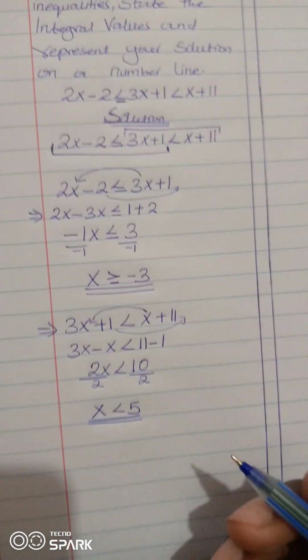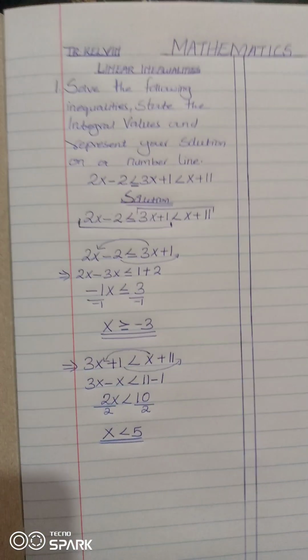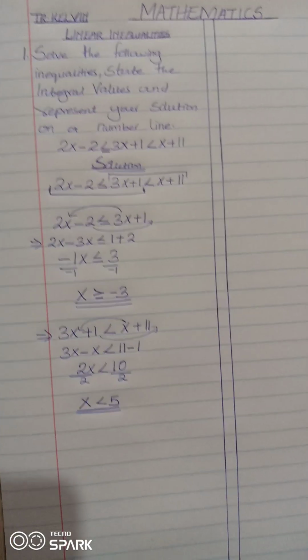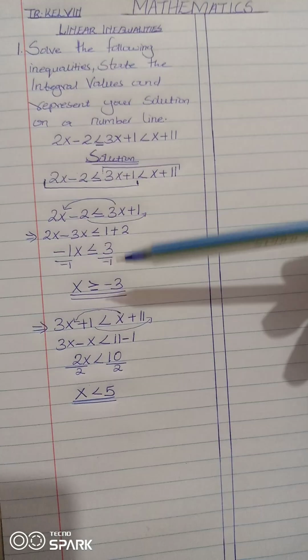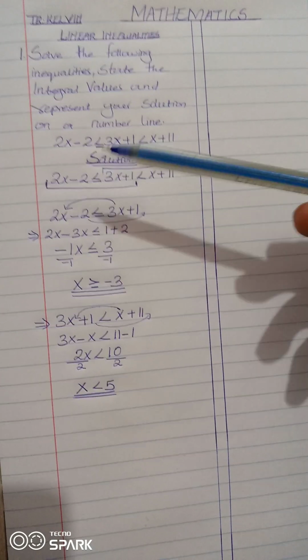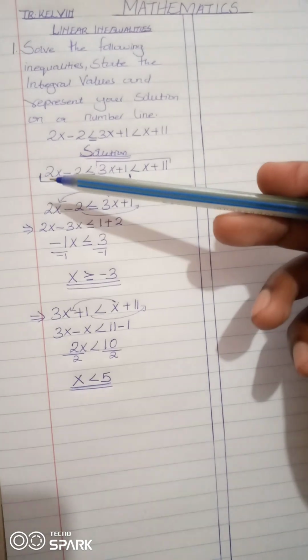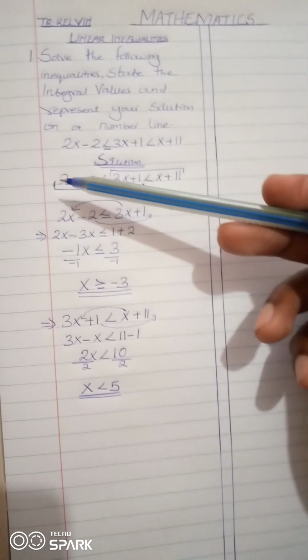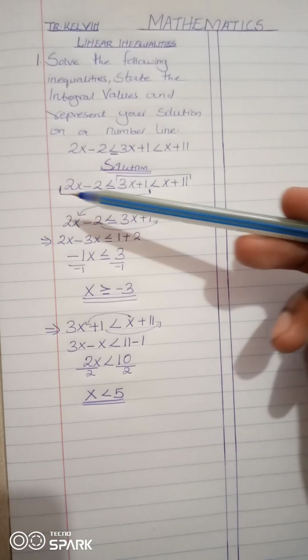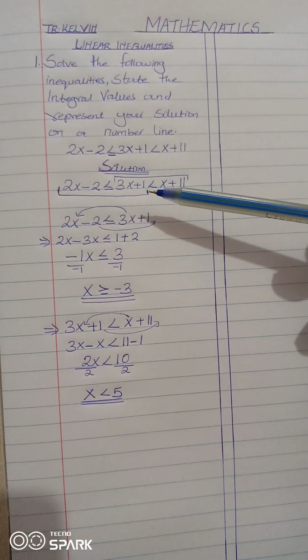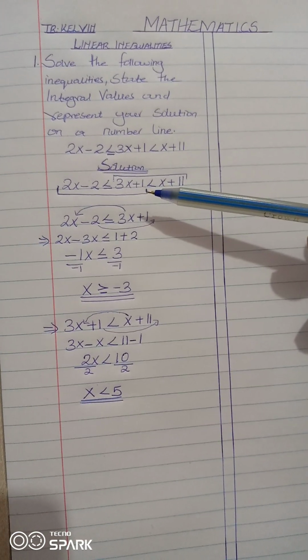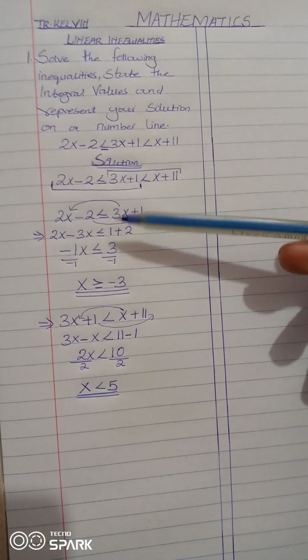I hope, my dear student, up to there you have understood. I said start by dividing the inequality into two. The first part starts from the beginning up to where the second inequality sign starts. You'll solve it.